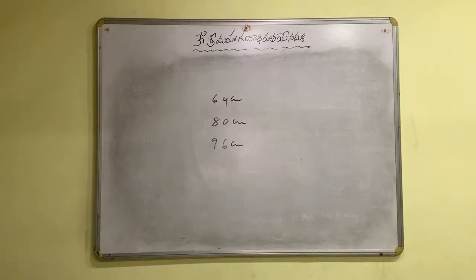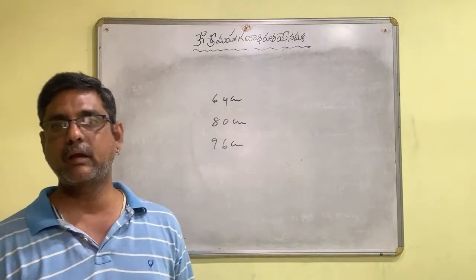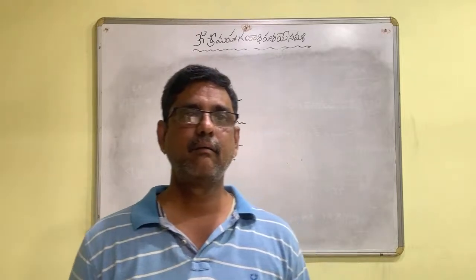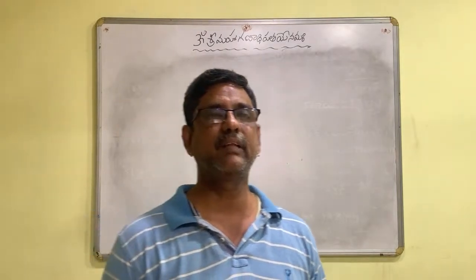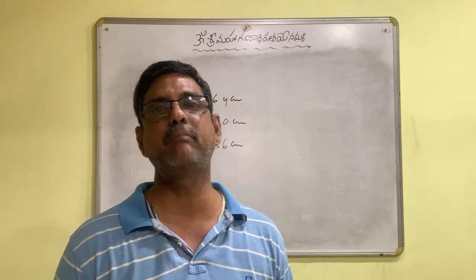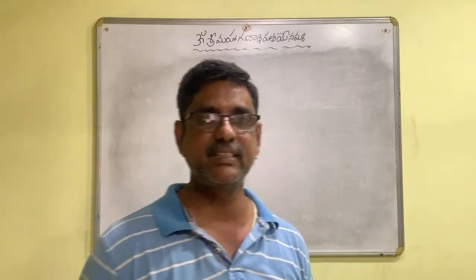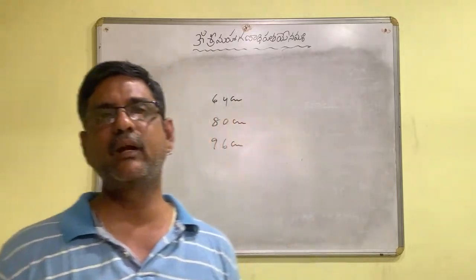So find out the LCM, children. We have 3 different measuring rods: 64, 80, 96 centimeters. What will be the least length of the cloth that can be measured using these 3 rods an exact number of times without leaving any gap? Yes, 960 centimeters. Convert into meters, it will be 9.6 meters.